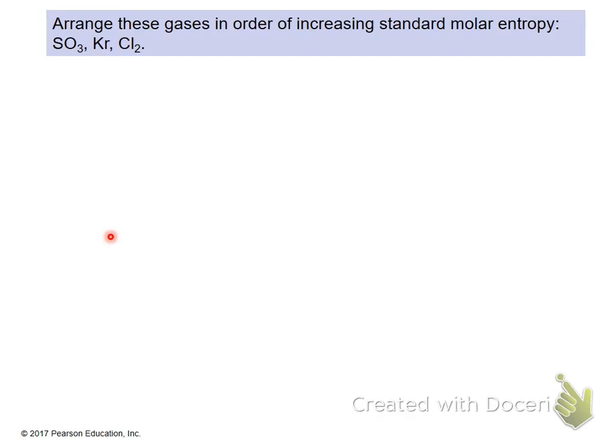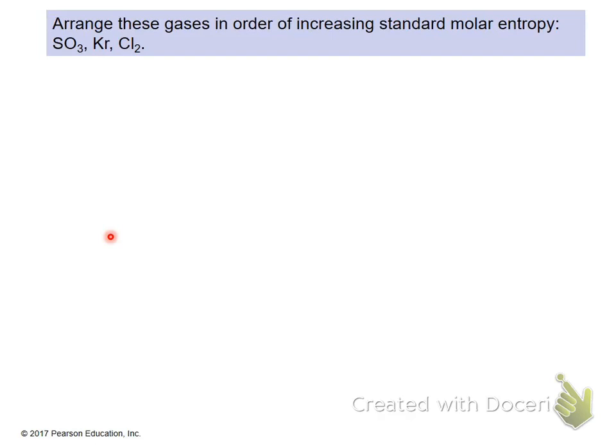I'm gonna go with SO3, but I'm probably wrong. Well, that's a good guess. It is correct. It's sulfur trioxide because it contains the most atoms. It's the most complex molecule here. So SO3 has the largest standard molar entropy.